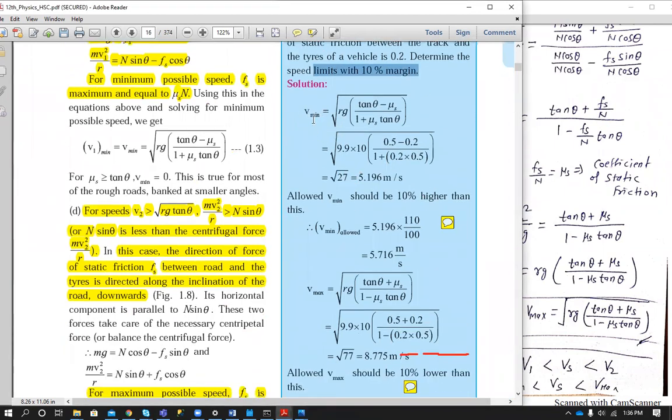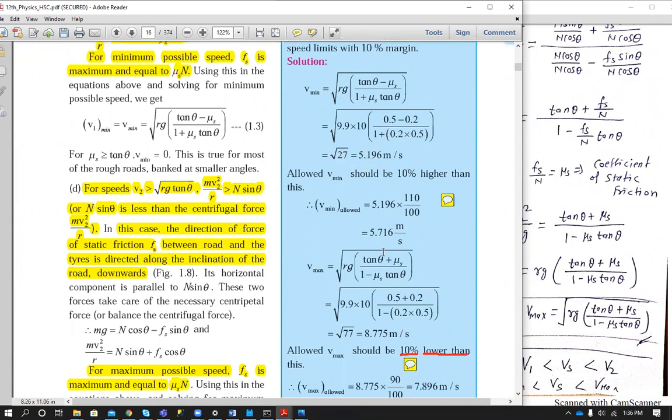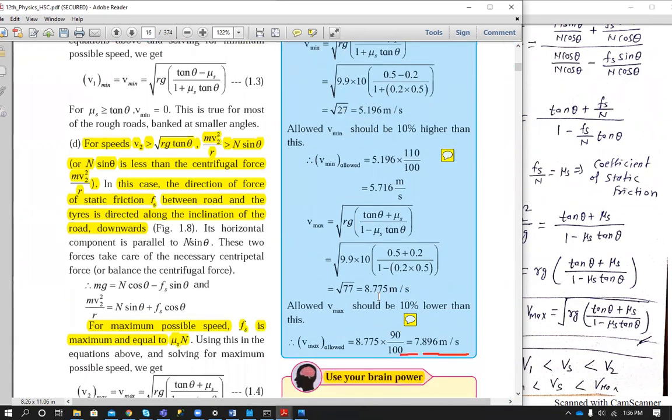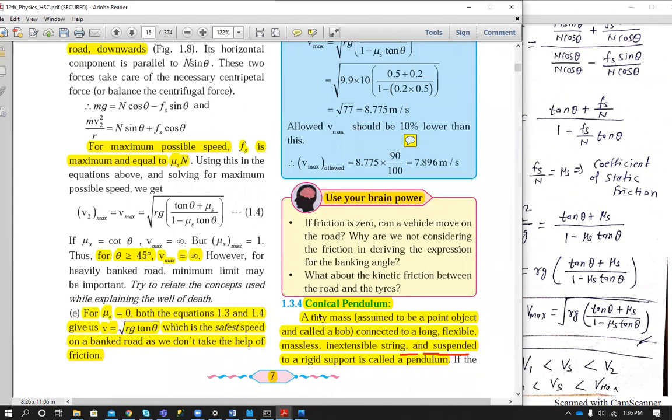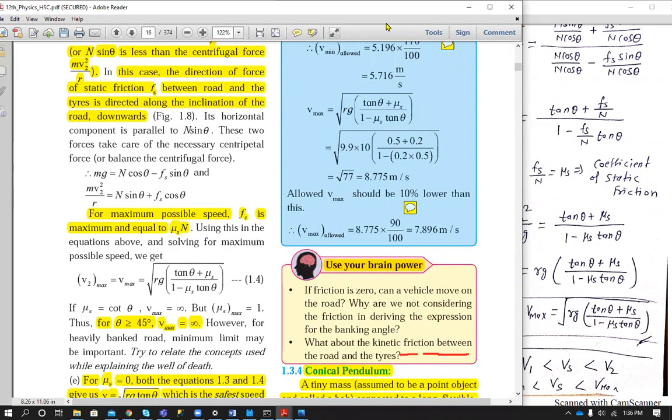Just remember, for V minimum always add 10%, or whatever percent x%, and for V maximum just minus x%, where x is a variable which may come in the exam. In the next lecture we will see the conical pendulum. Okay, thank you.